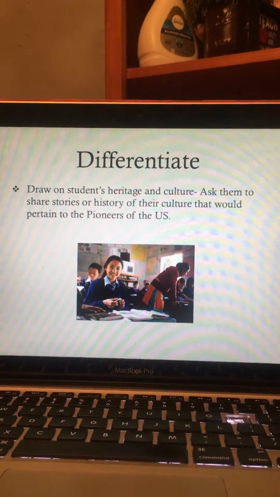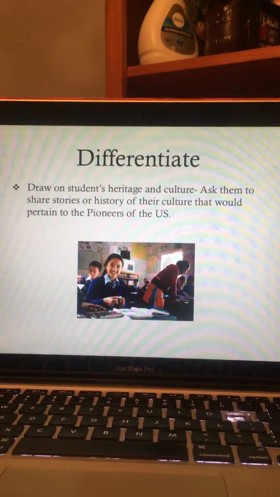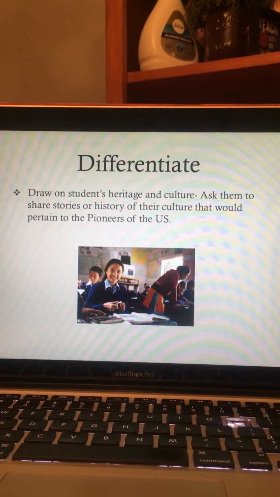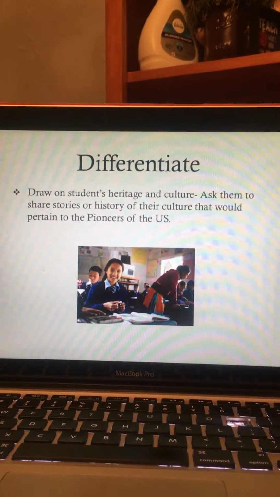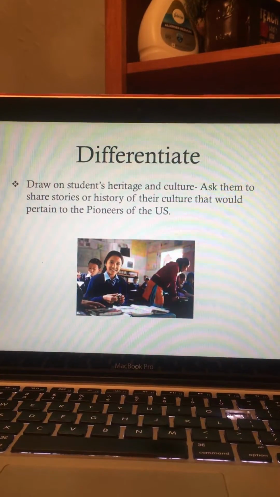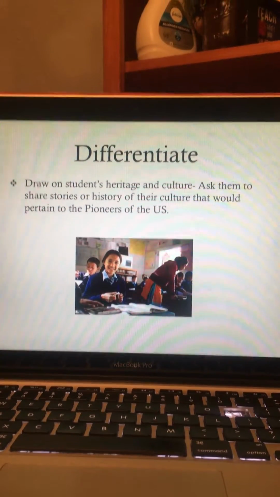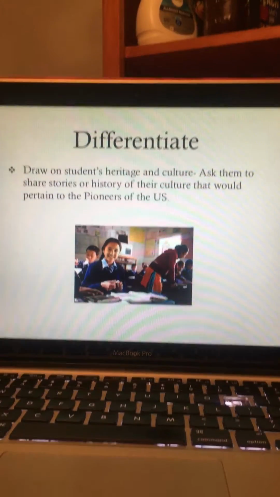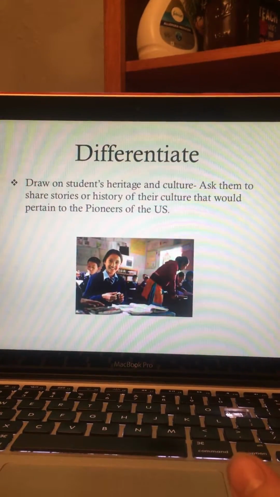That would give her some time to think and process, and then I could come to her and ask, is there anything back from your heritage or your culture that you would think is similar? If not, then we would just go with the lesson, and I would plan on working with her more one-on-one and doing more informal types of assessment to really get a better understanding of if she is comprehending what is happening in our lesson.